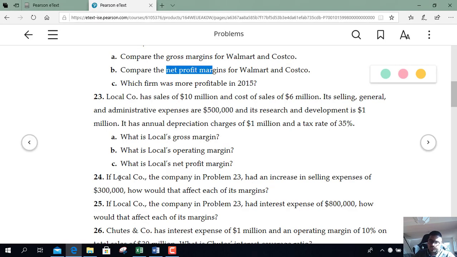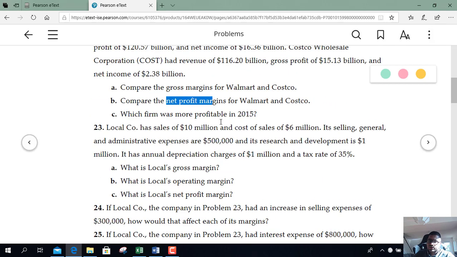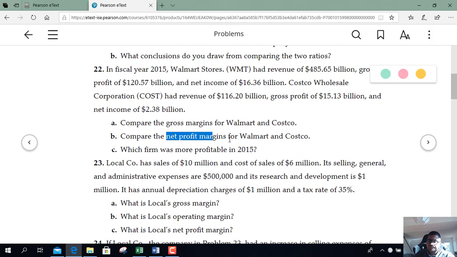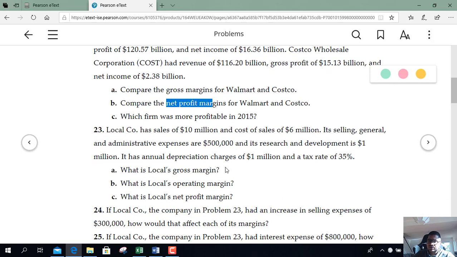Now in problem 24, if Local company had an increase in selling expense of 300,000, how would it impact its margin? So selling expenses are going up by 300,000. You just have to adjust the calculation, because it will impact everything. So instead of 500,000, it will be 0.8 now. So whatever we did in problem 23, you have to just adjust it by, instead of deducting 0.5, you have to deduct 0.8 now.